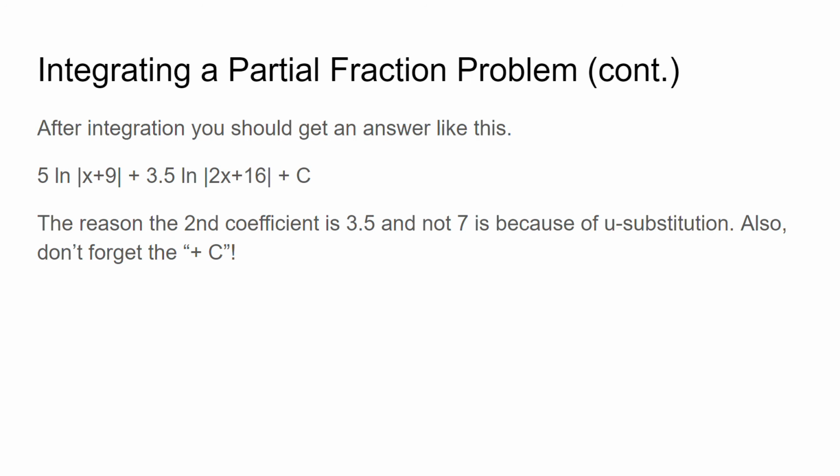I might make a video on that later, but basically what happens is, since the inner term is 2x plus 16, a 1/2 comes out of the term, and it divides the 7 by 2, and that's why you have 3.5. I'll make a u substitution video if you guys want it. I'll see what reactions I get from this. Again, don't forget the plus c. That's for every indefinite integral whenever you're anti-differentiating.